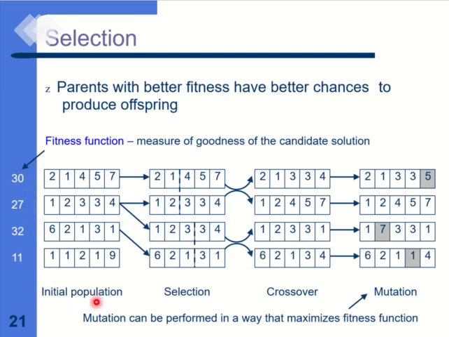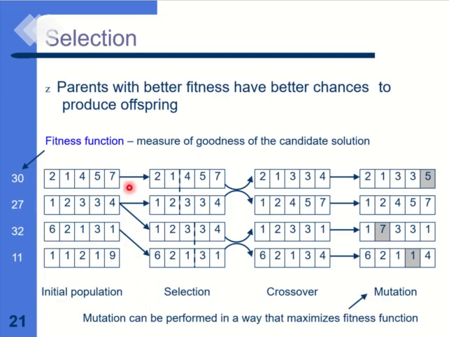The initial population will be randomly selected, and there are multiple stages for the selection. After the initial population, we do the selection based on the fitness function. So the one with the highest fitness value has a high probability of being chosen in the selection.